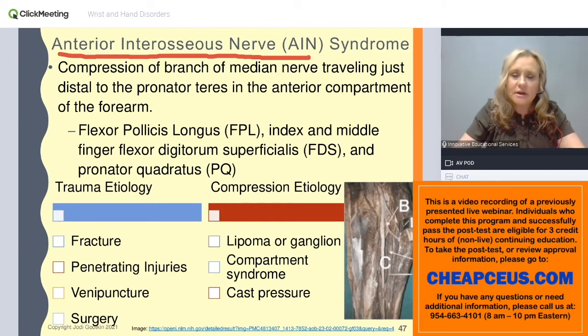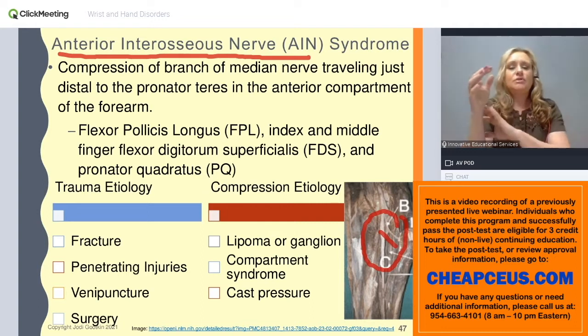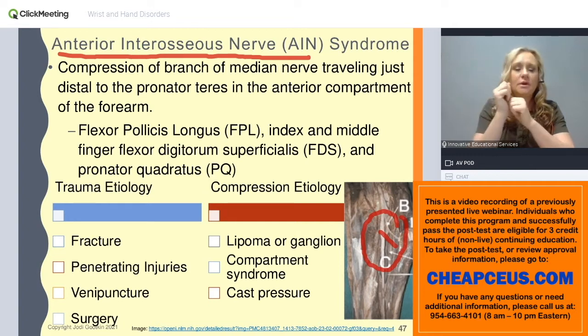I'll draw it out in our image. We'll circle it here. We will see this tiny branch of the anterior interosseous nerve that comes off. This is going to go down to innervate our flexor pollicis longus and our index and middle finger flexor digitorums.